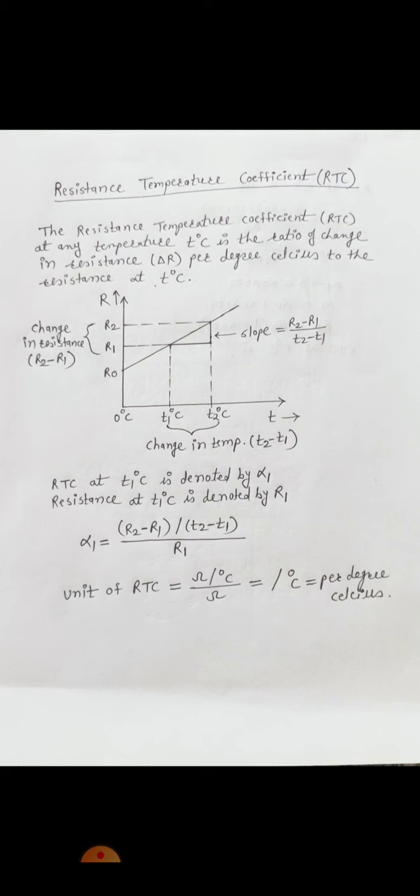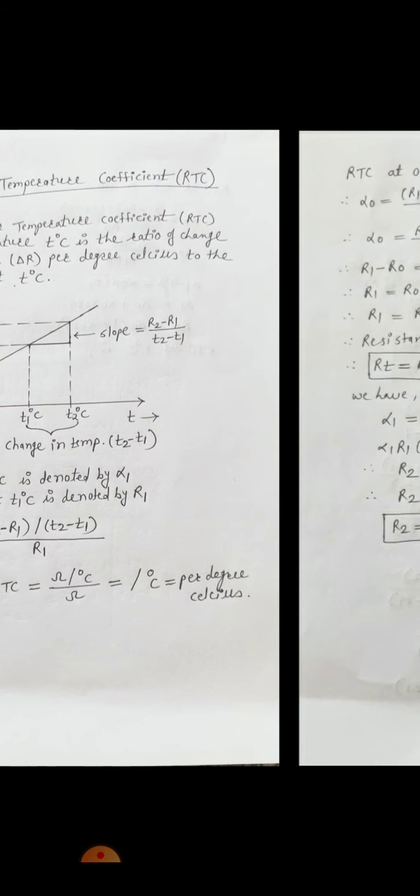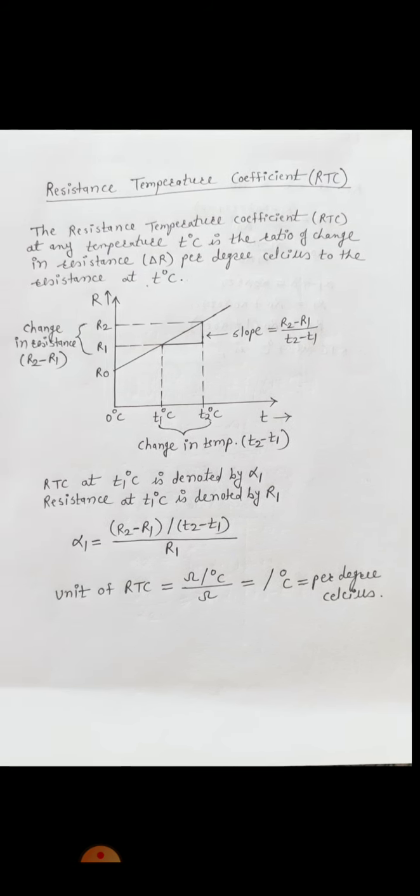Now we want to calculate the RTC at 0 degree Celsius. In this graph, suppose the temperature changes. Suppose alpha 0, here the temperature changes from T0 to T1. So the corresponding resistance changes from R0 to R1.